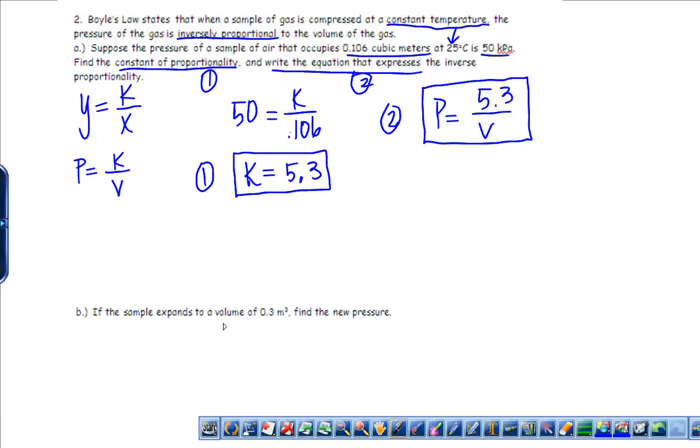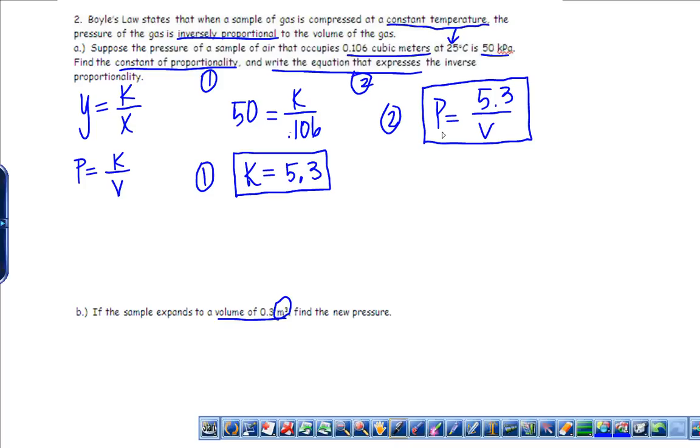So if the sample expands to a volume of 0.3 cubic meters, find the new pressure. Now, always make sure that your units are the same, in case you need to change them to make sure they are exactly the same. And they are cubic meters, cubic meters.